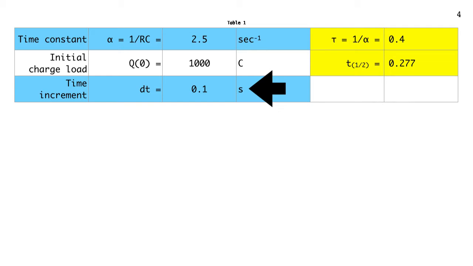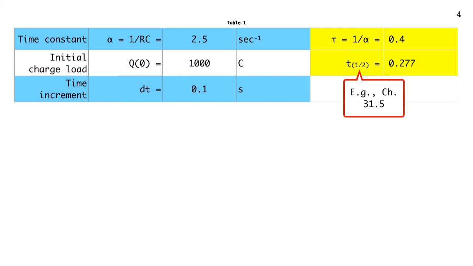Now, up in the upper right here is the actual time constant. And Greek symbol tau, and it's equal to RC, 1 over alpha. So in this case, that's equal to 0.4, and the dimensions is seconds. There's another time constant related to tau, and it's called the half-life, which you can read about in chapter 31.5 about radioactivity and stuff.